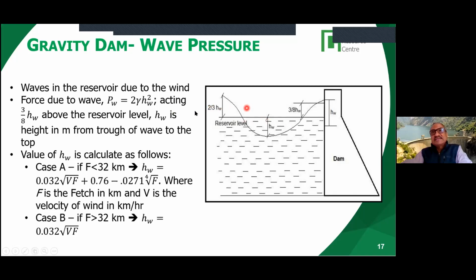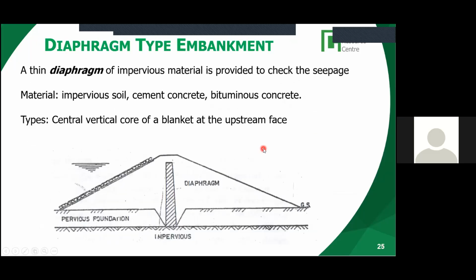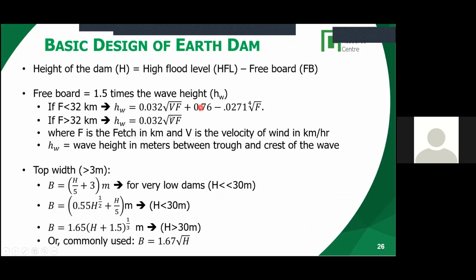This HW is calculated using this formula when F, the fetch, is less than 32 kilometers, so when the wind blows over a short distance.